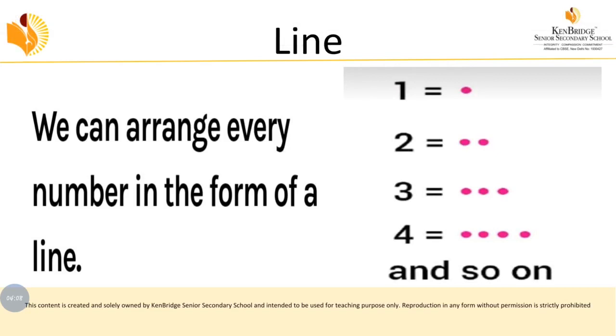If it is 2, you place 2 dots in a straight way. If it is 3, we place 3 dots in a straight way, and 4. Likewise, you can represent any number in the form of a line. Keep this point in your mind: we can arrange every number in the form of a line.